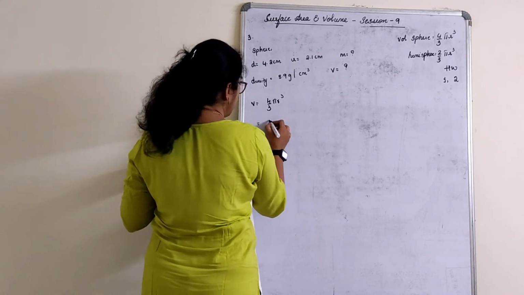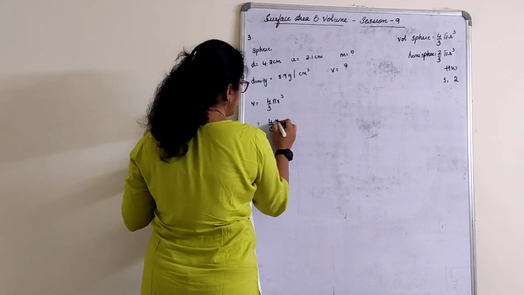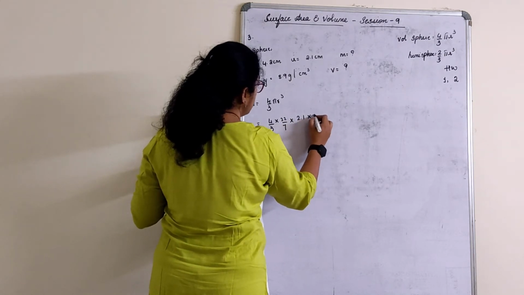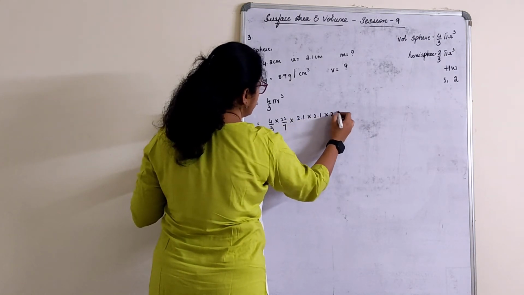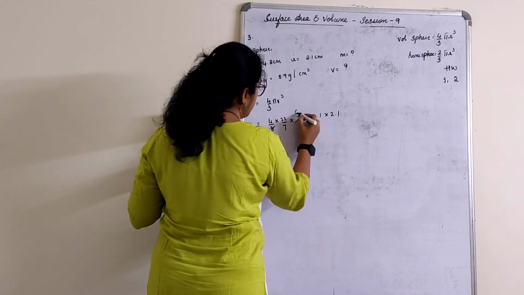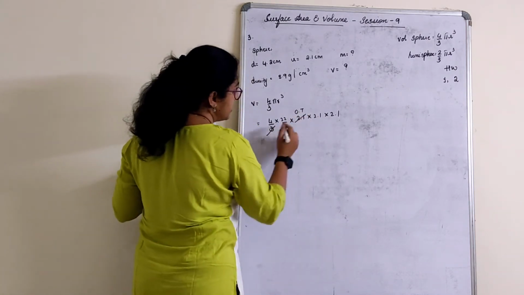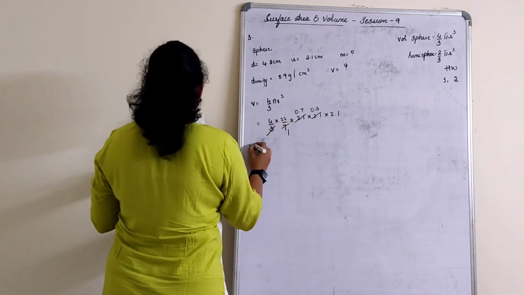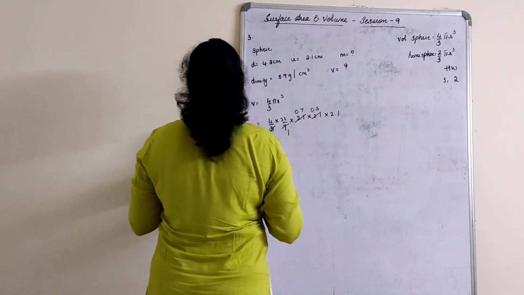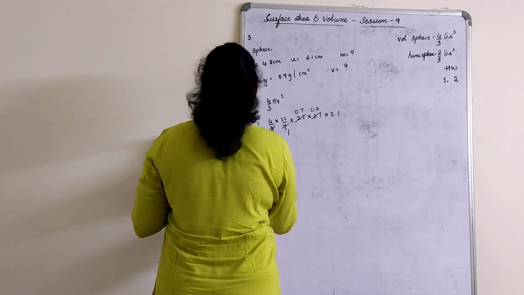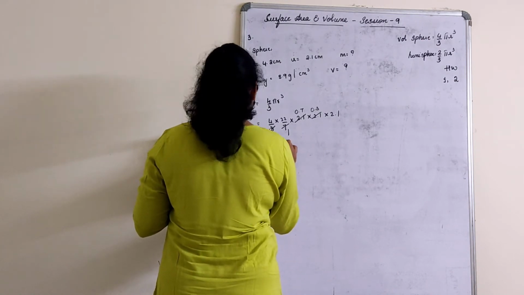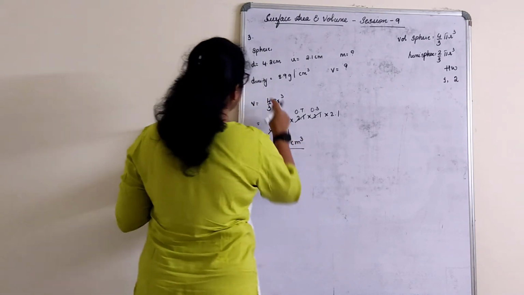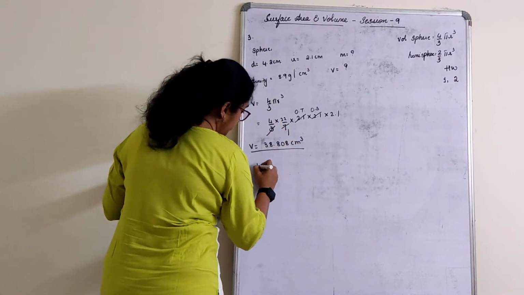Substitute. See what pi value they have told. If not, use 22 by 7. 22 by 7 into 2.1 into 2.1 into 2.1. Multiply everything and you get the volume as 38.808 centimeter cube. Next, density is given.